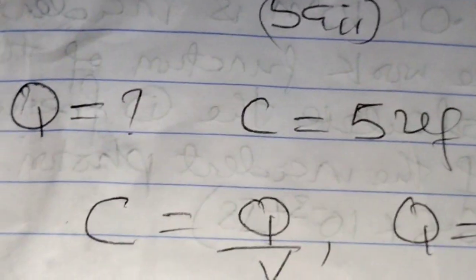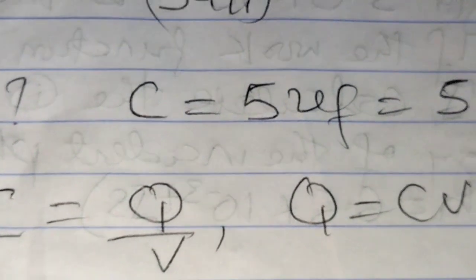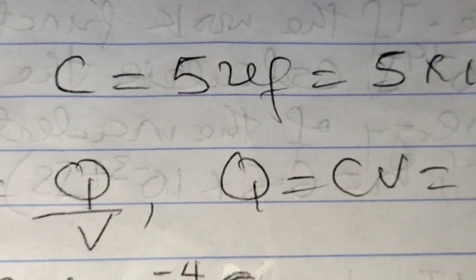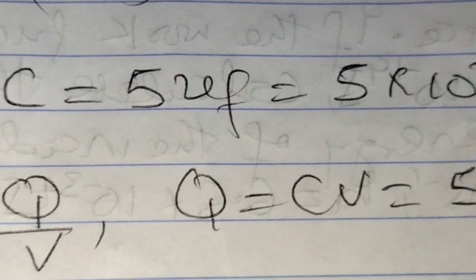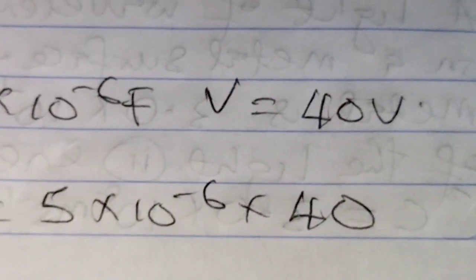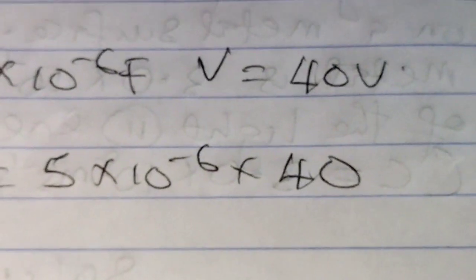We now look at 5A(ii) that says we should find the charge stored by the 5 microfarad capacitance in series. So we're looking for Q. The capacitance in question is the one in series, which is 5 microfarad, and in SI unit it's 5 times 10 power minus 6 farad. The voltage across that particular capacitance is given to us as 40 volts.